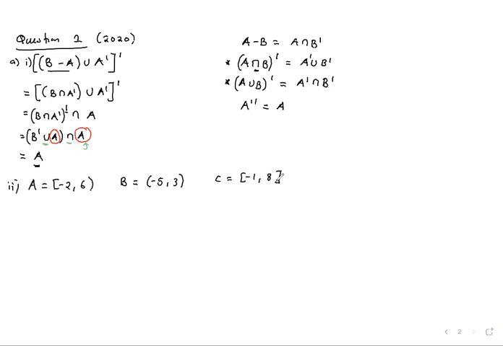Given that these are subsets of real numbers, find the set (A union B) complement union C, with the complement outside.